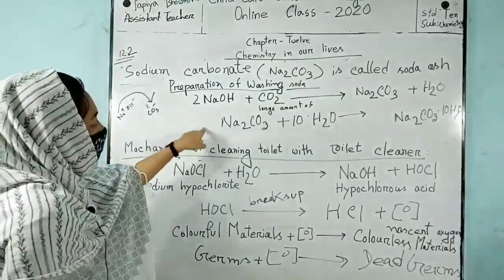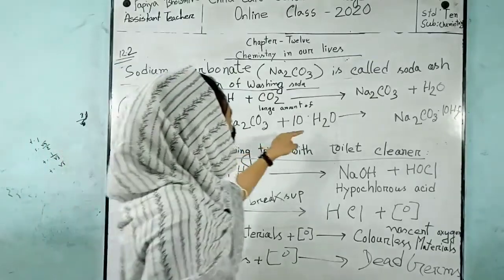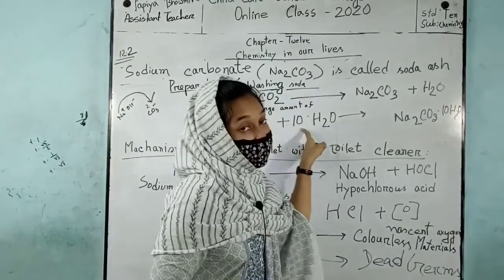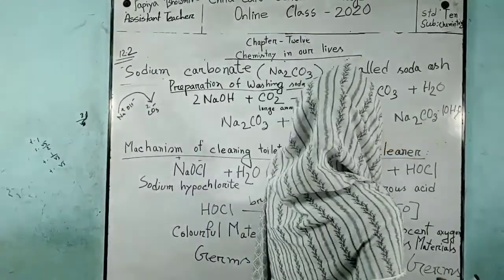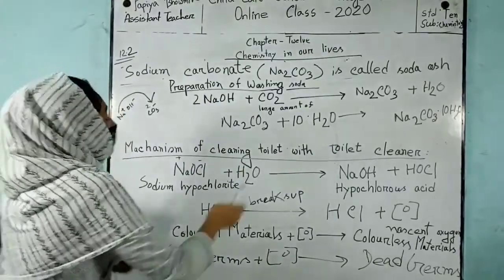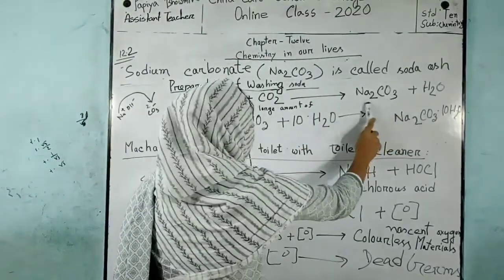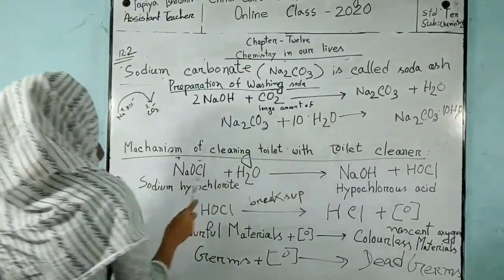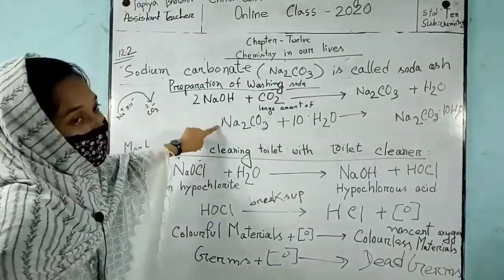Then in the second step, this sodium carbonate reacts with 10 molecules of water and produces sodium carbonate with 10 molecules of water. Here this is only the product. Then in the second step, this product is the reactant, and it is called the reactant, not a product.